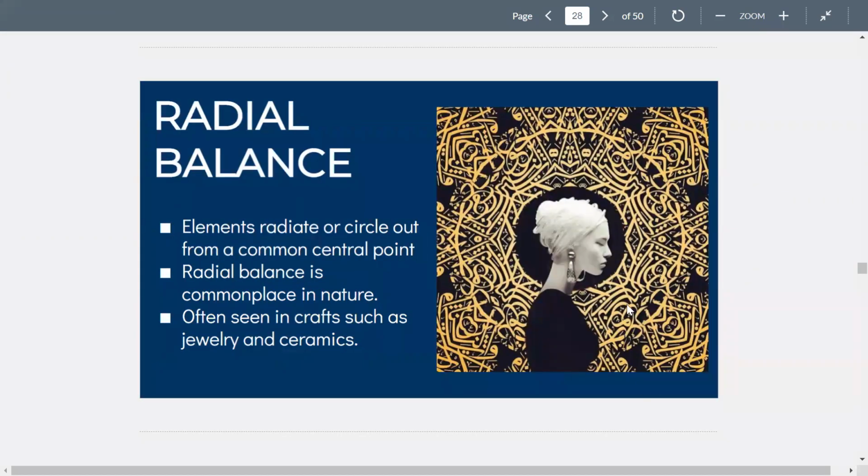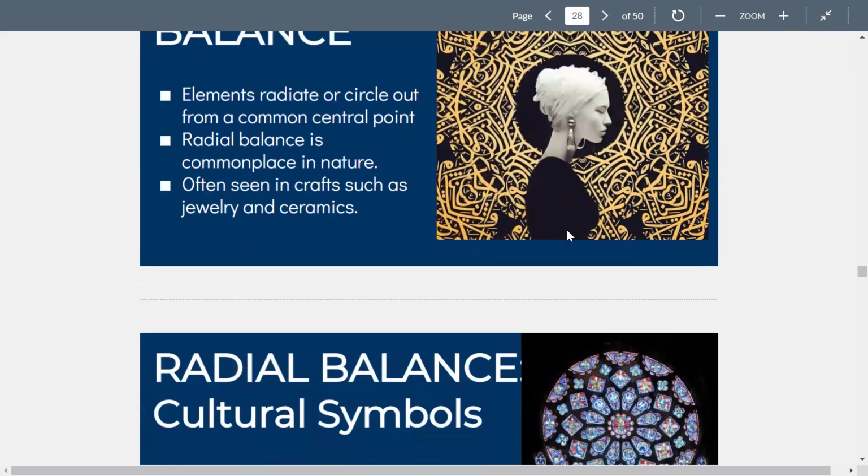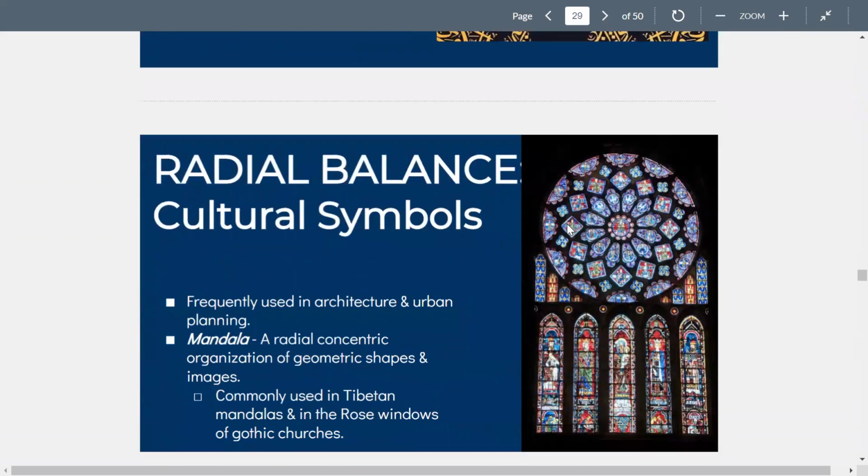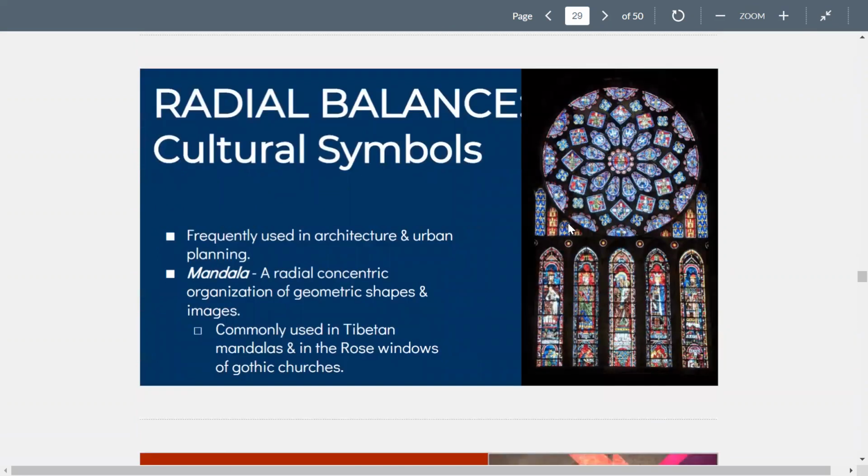Radial balance is something where you have one element in the center, radiating from that to the outside. So if you use radial balance in your assignment 5, definitely your focal point should be in the center. Radial balance is used in a lot of places.